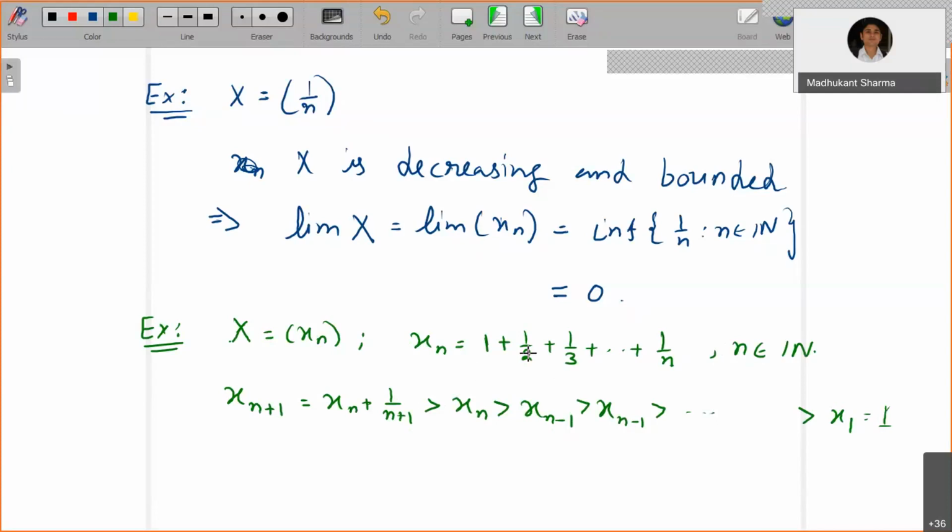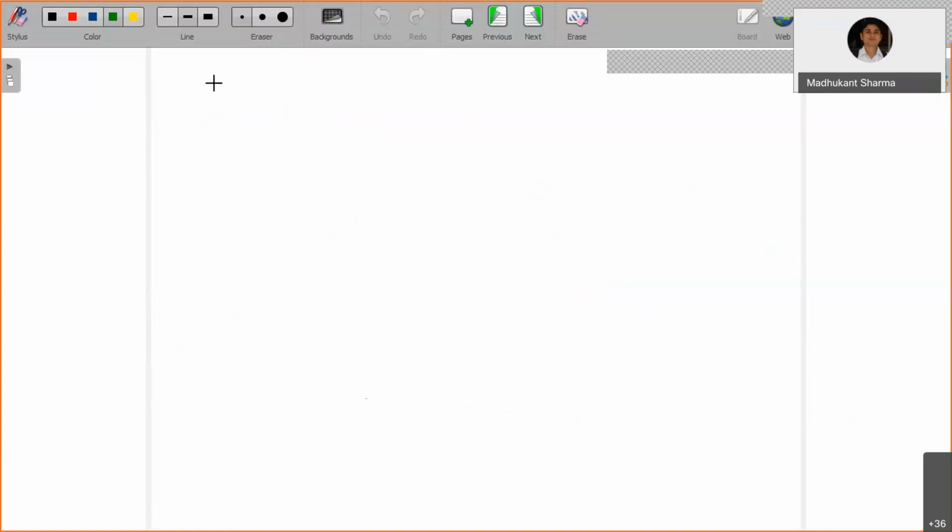So how would you show this? It's a very tricky proof. Let me look at it. You can see x2 is equal to 1 plus 1 by 2.